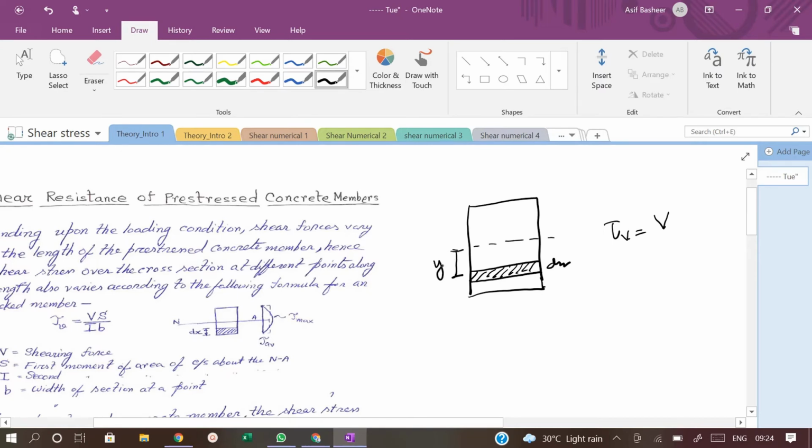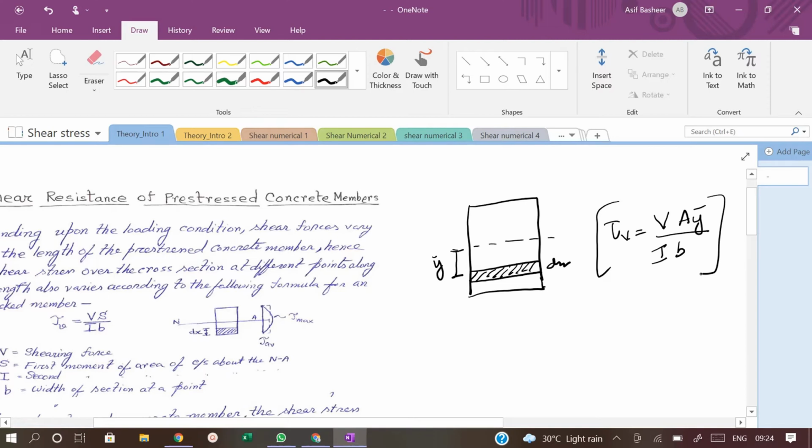I am taking it as y bar, then A into y bar, where A is the area of the section considered, and y bar is the distance of the center of the area considered from the neutral axis of your section, divided by the moment of inertia of the section into the width of the section. So this you might have studied in your strength of materials.